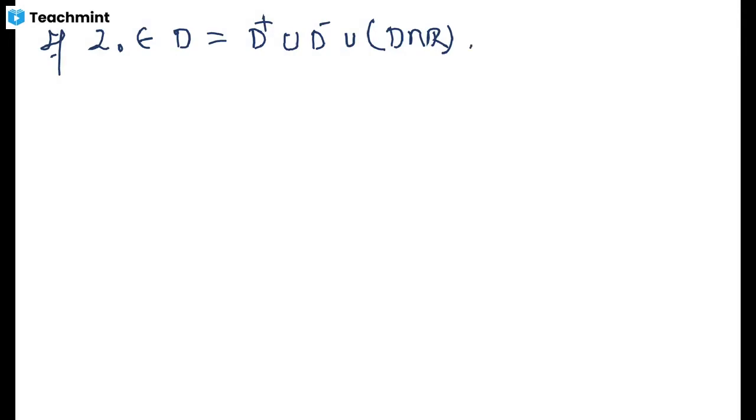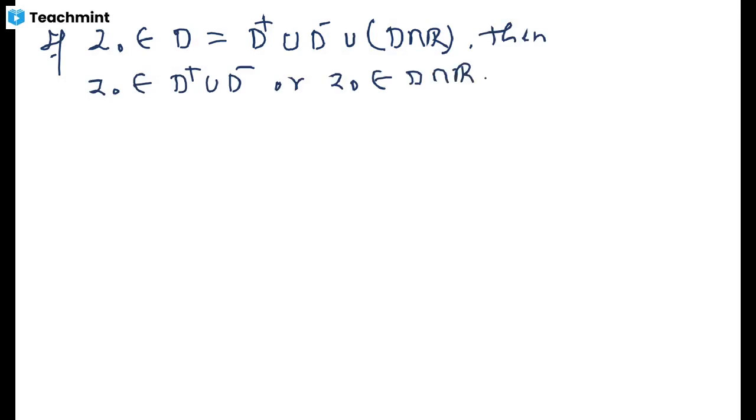Let's first take the situation where z naught is either in D plus union D minus, or z naught is in D intersection R. Let us first look at the part where z is in either D plus or in D minus.